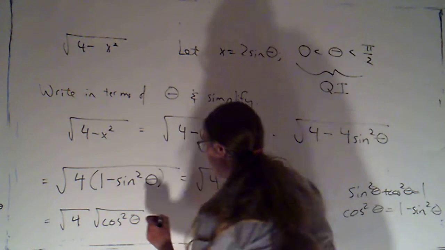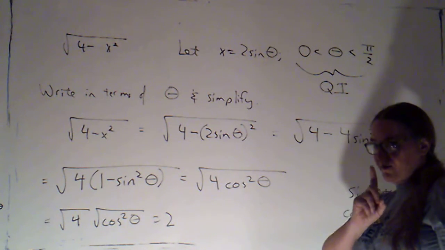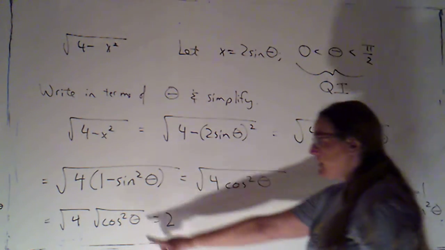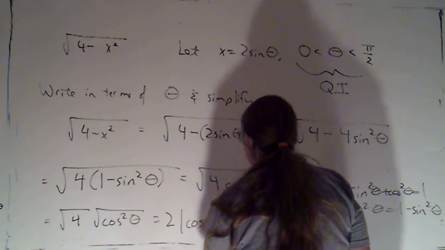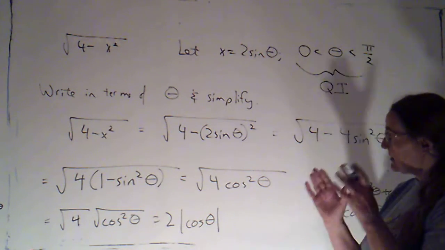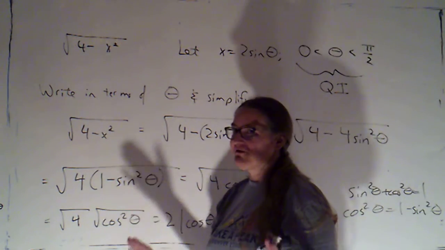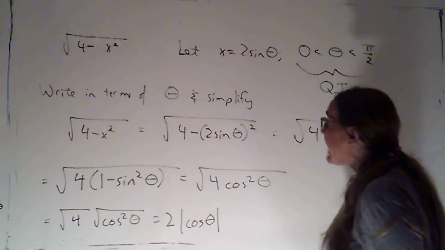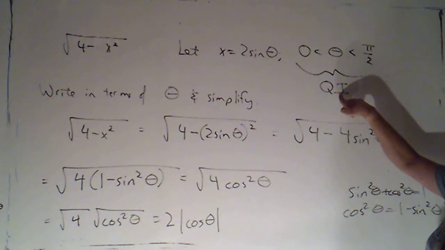Now the square root of 4 is 2. Be very careful here because you have a picky teacher. The square root of cosine squared is the absolute value of cosine of theta. Because cosine is sometimes positive and sometimes negative, but square roots are never negative. Now I can use the fact that I was told theta is in quadrant 1.